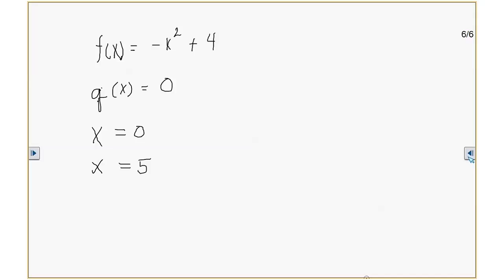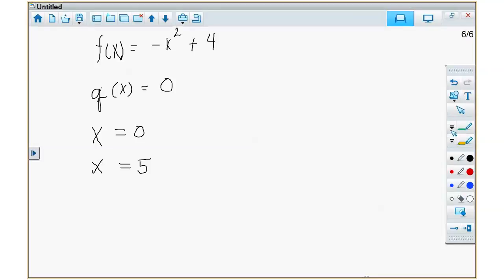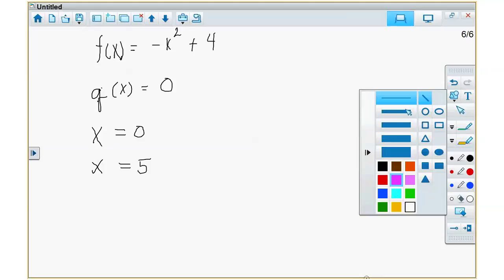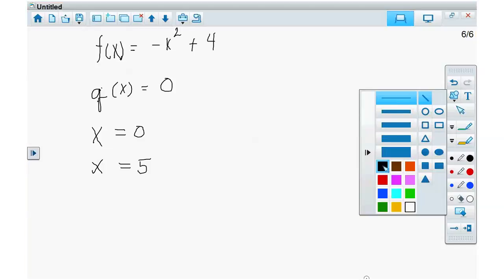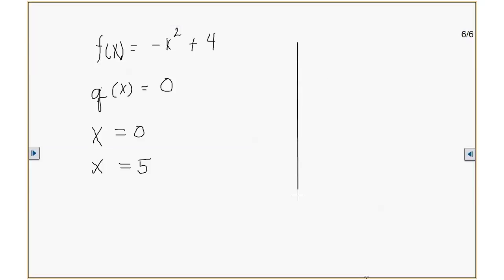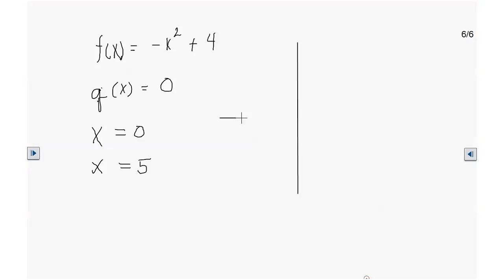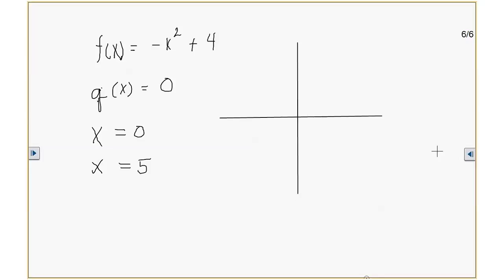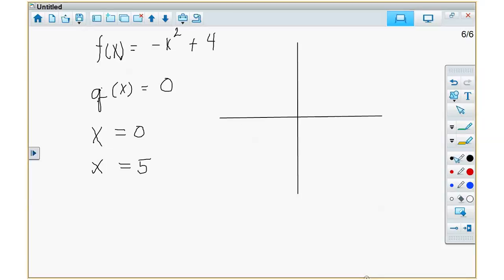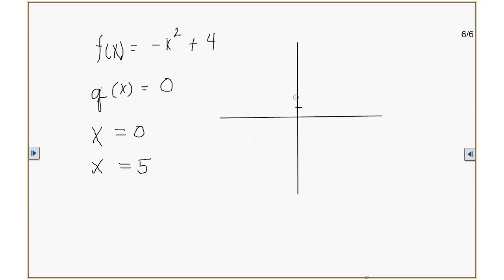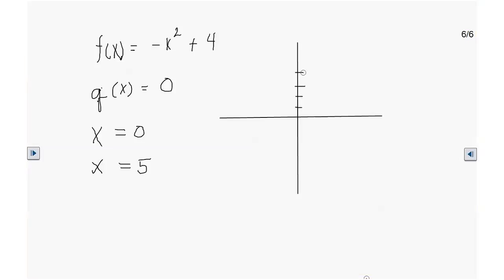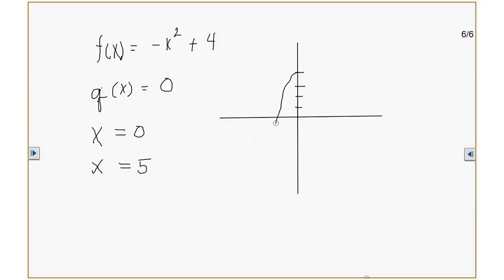So when you sketch it, you should get a parabola with a vertical shift of what? 4. And it should look something like this.